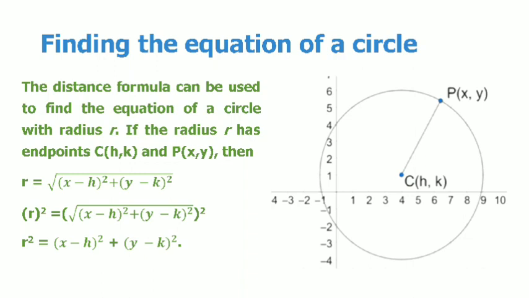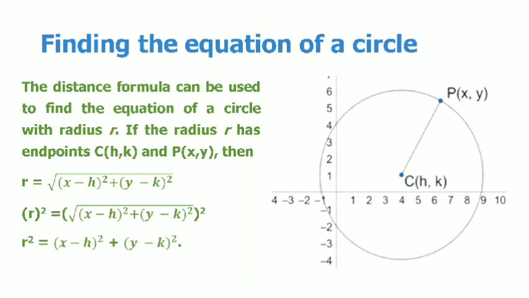And then we will square both sides of the equation. So we have now r squared is equal to the square of the square root of the quantity (x minus h) squared plus the quantity (y minus k) squared.